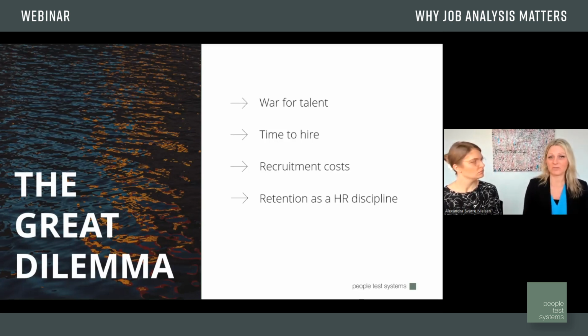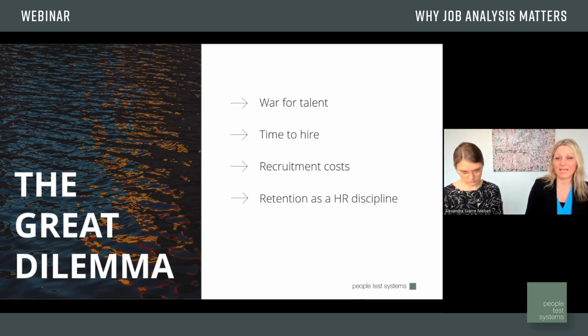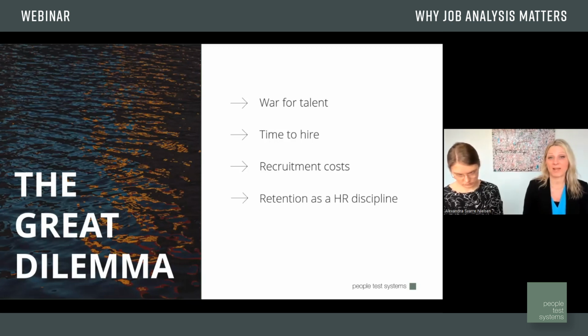But what is the balance really between rushing, and has anybody ever made an idea about how much it costs to not follow the right procedure from the start? Because there is a limited talent pool out there, retention as an HR discipline becomes super important.